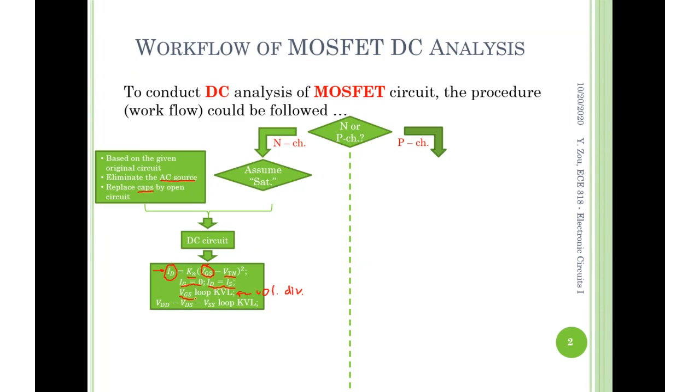If you find the loop containing the VGS, you can't find a loop without a VGS, otherwise it doesn't make any sense. Call it VGS loop KVL, right? And then you need a KVL, I call it the top to bottom path KVL, including the VDS inside of it.